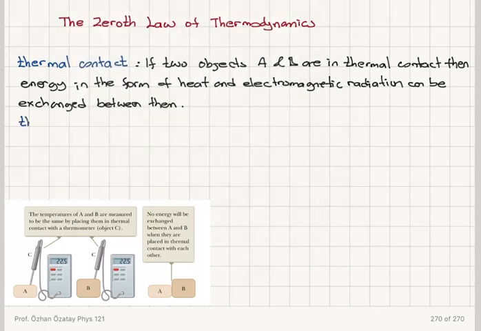So that's the next concept we should talk about, thermal equilibrium. So what do we mean by thermal equilibrium? We take two objects A and B. Here is the thermal contact between them.